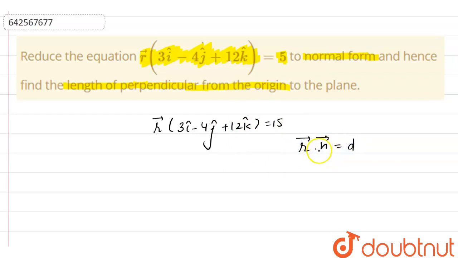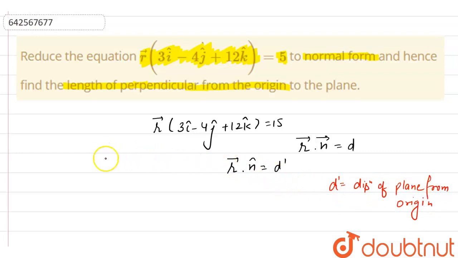And we know that the normal form of a plane is r vector dot n cap equals d dash. Here this d dash is equal to the distance of the plane from the origin.